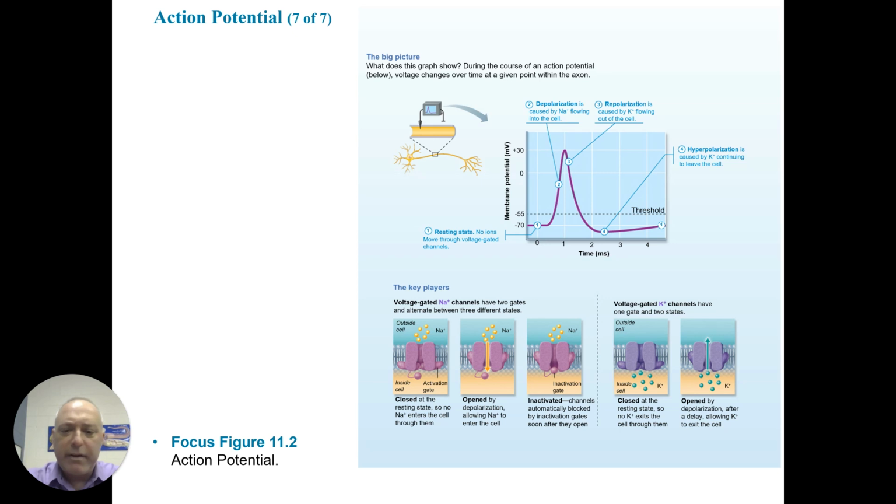So the key players are sodium channels and potassium channels. When the sodium channels open, sodium enters the cell, causing depolarization, and when the potassium channels open, they cause potassium efflux out of the cell, which causes the repolarization.